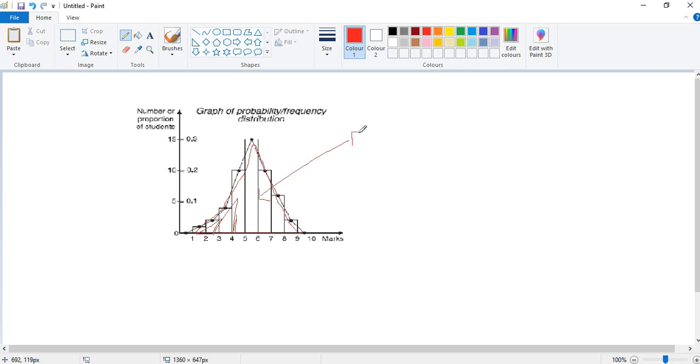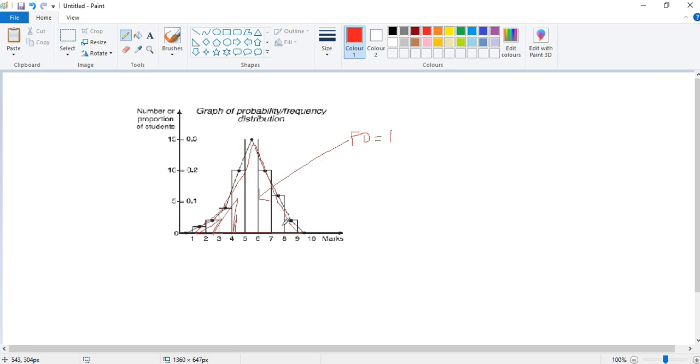The probability distribution being equal to 1. So if, in a probability distribution graph, they ask what is the area under the graph, straight away, without giving any information, they will just give the graph and ask what is the area under the graph. Then what you should say? You should say the area under the graph is 1.